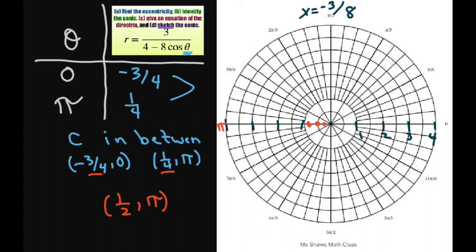So it opens up, the directrix, where's the directrix? That's negative 3/8. So that's going to be in here somewhere, really close to the 1/2. So let's plot that. Directrix is going to be right here, really close to the 1/2.